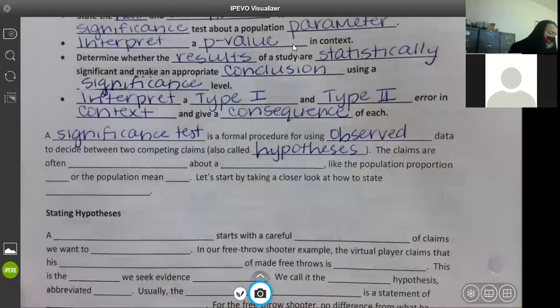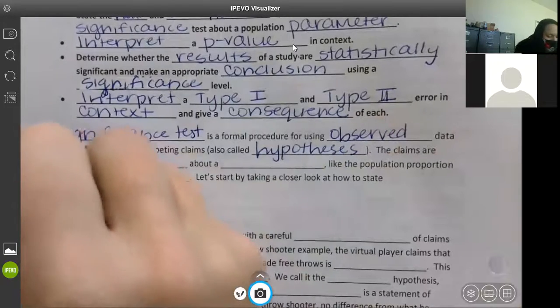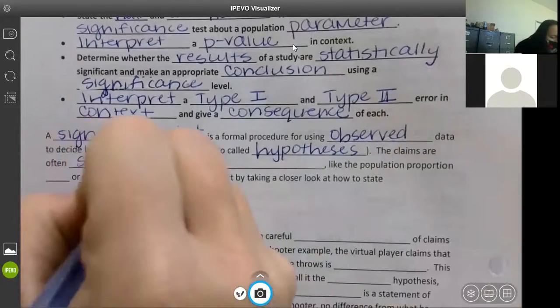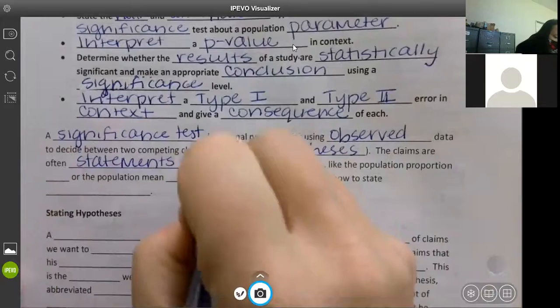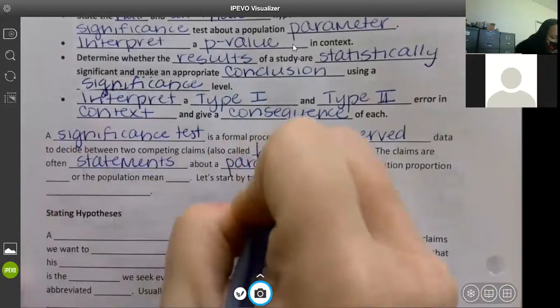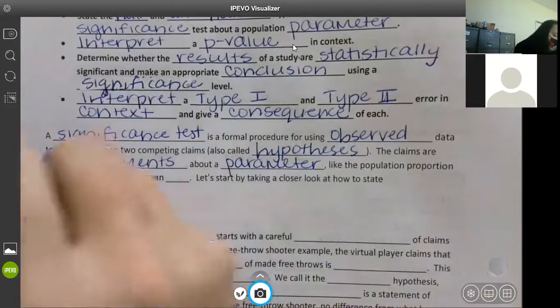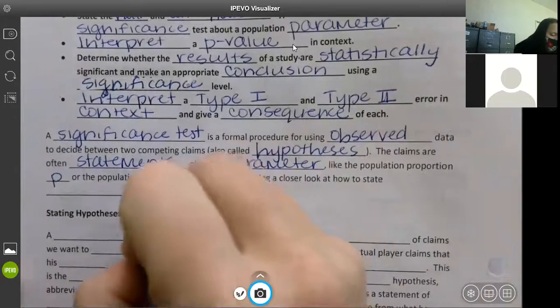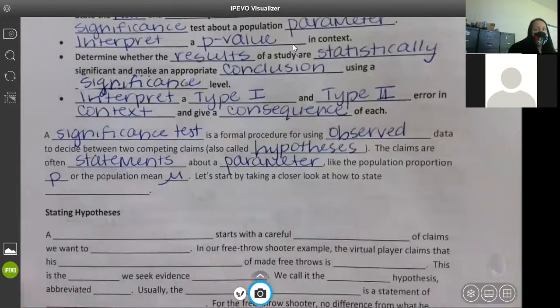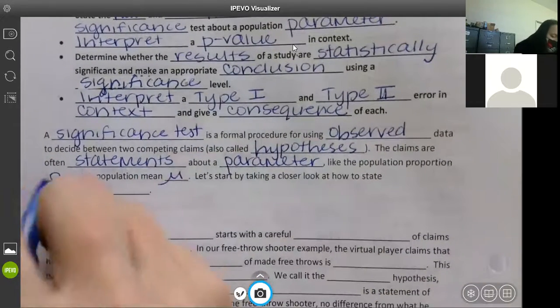These claims are often statements about a parameter, like the population proportion P or the population mean mu. So let's start by taking a closer look at how to state hypotheses.